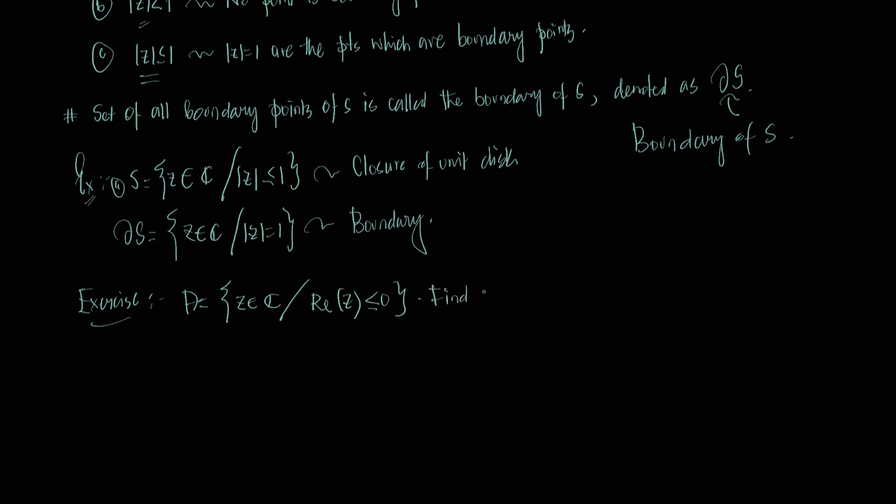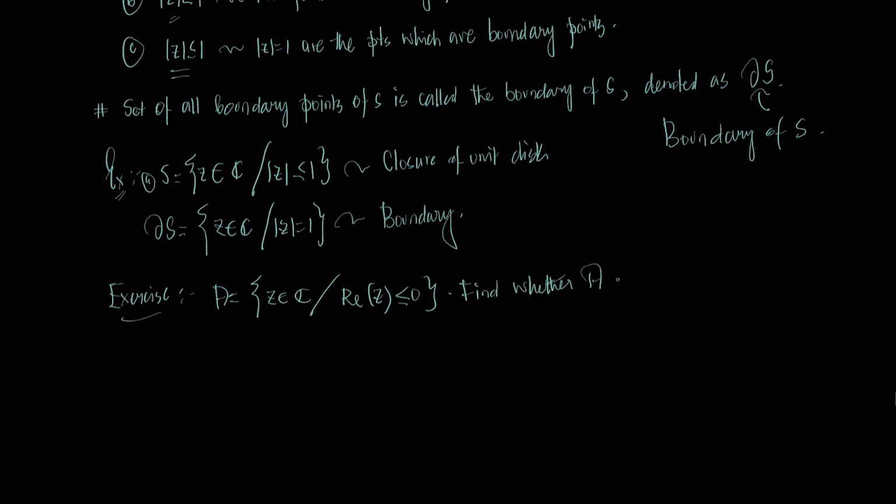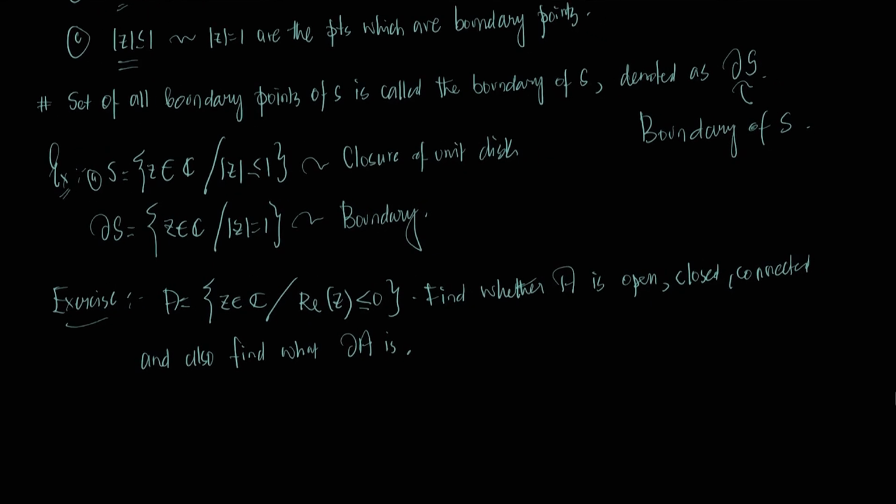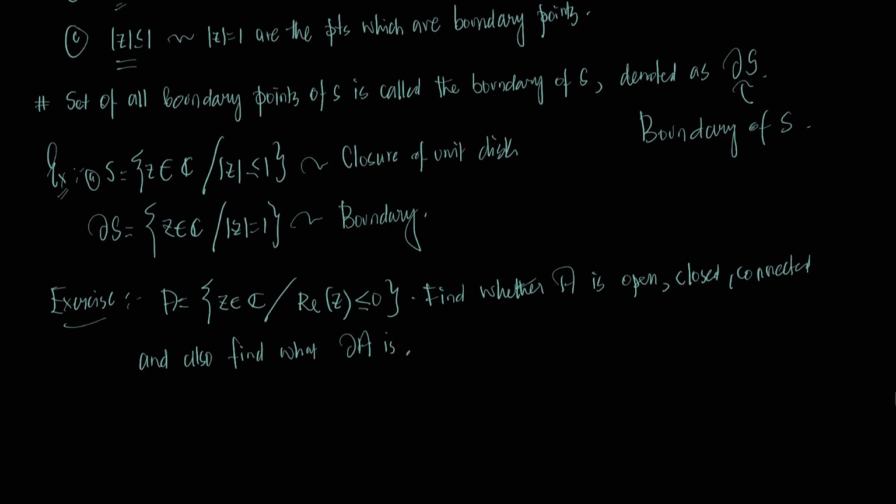Find whether A is open, closed, connected, and also find what del A is. Please do all this and then you will have a very good idea of what boundary, open sets, and connected sets are.